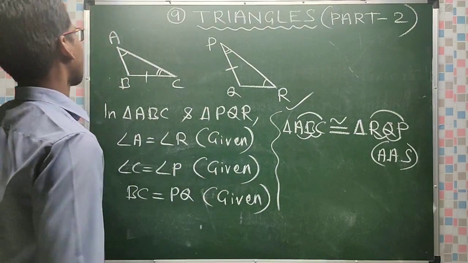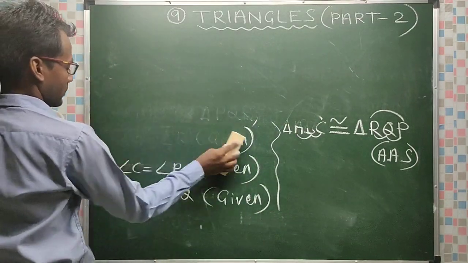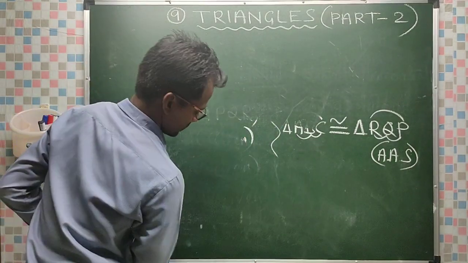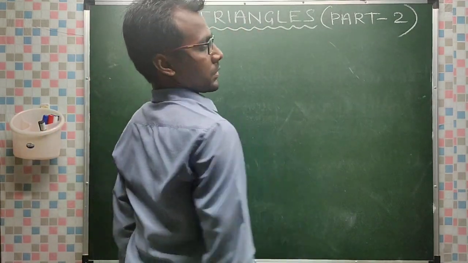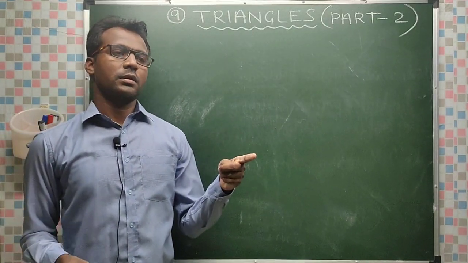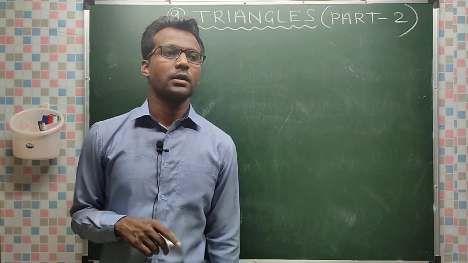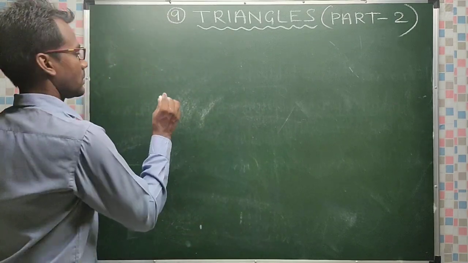Then the last postulate. Out of the four postulates, first one is SSS, second one is ASA, third one is SAS, fourth one is AAS.